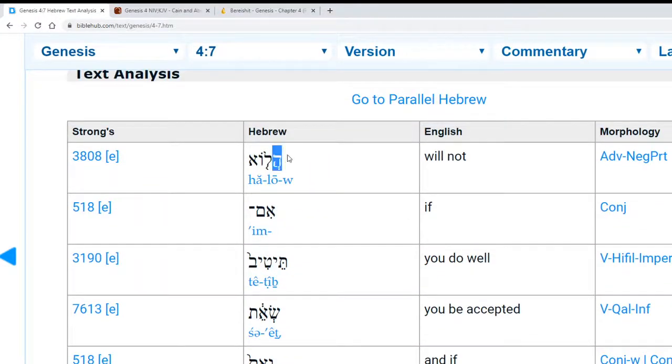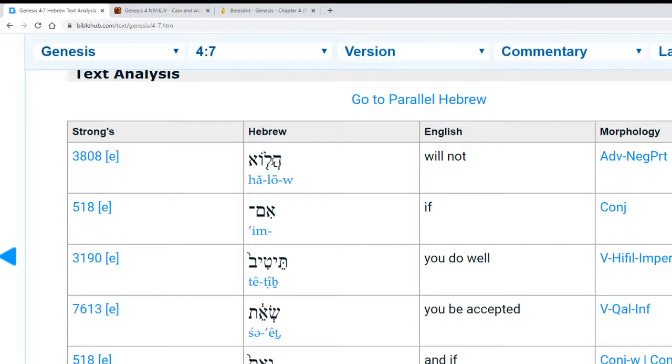So halo, right? The hey here is the article, but sometimes hey used in this way tells us that it is interrogatory. I think we had that before, and we'll have it again in the famous verse Hashomer achi anochi, am I my brother's keeper?